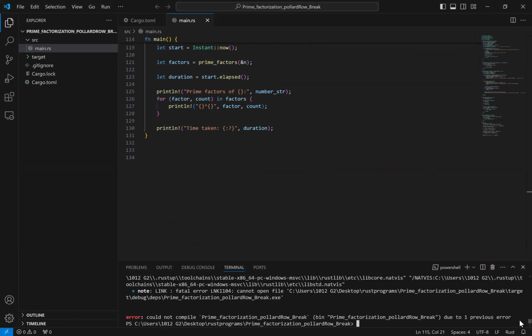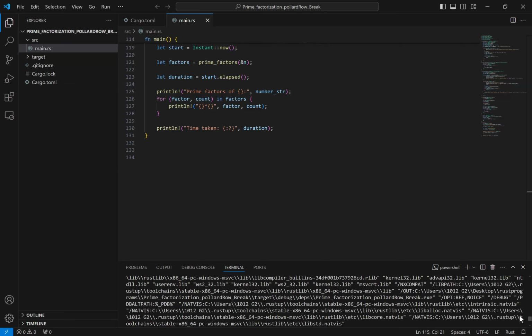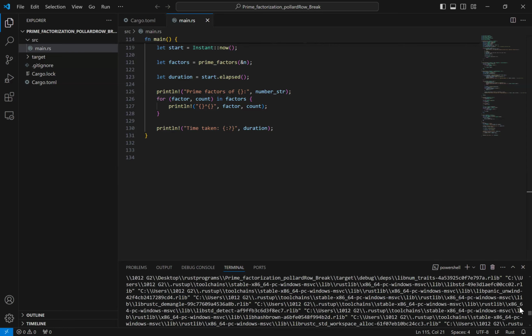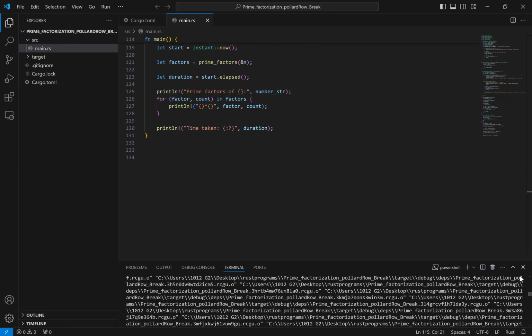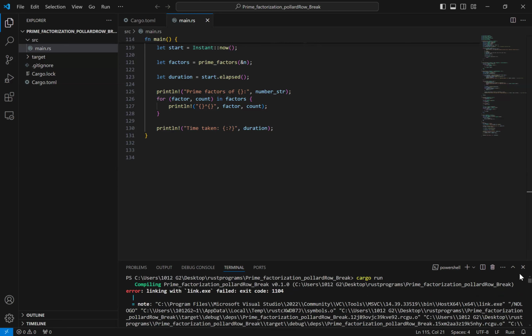Now, this is what I'm seeing. What are all these things? Saying, compiling this, linking error, linking with link X failed, exit code. I don't understand what this part means.